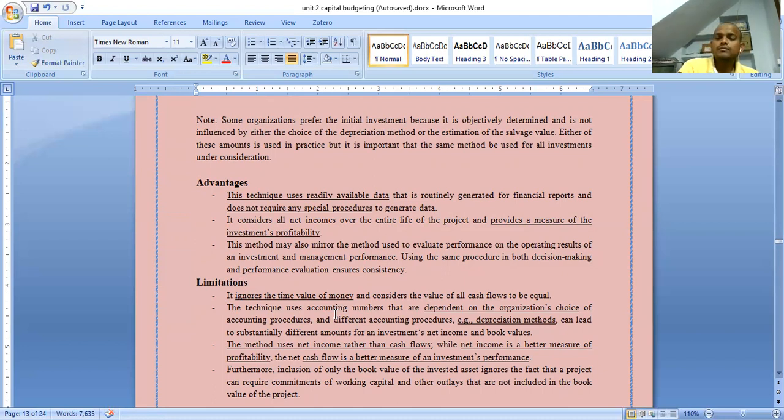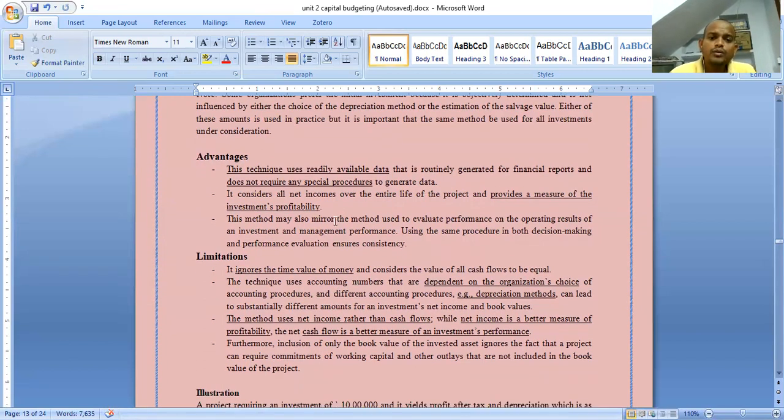The payback period method ignores the cash flows after the payback period, but ARR considers all net incomes over the entire life of the project. That is the advantage of the average rate of return.